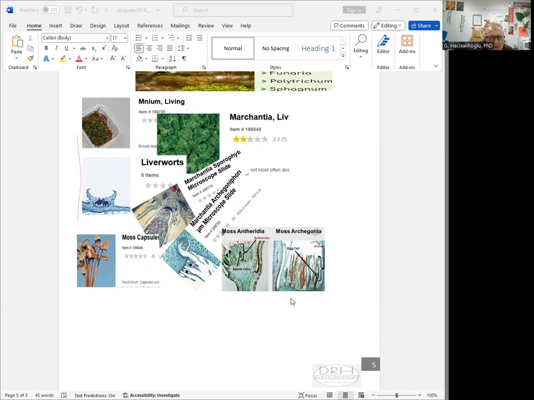You can see in this picture here. And in the case of Marchantia, you can actually see gemma cups. That's an asexual type of reproduction also found in some of these early plants. They are called non-vascular plants because they don't have xylem and phloem vascular systems.